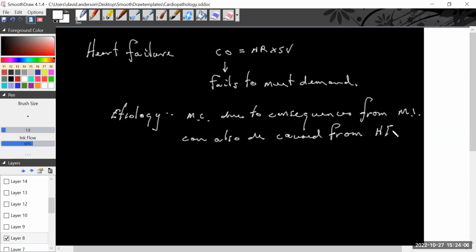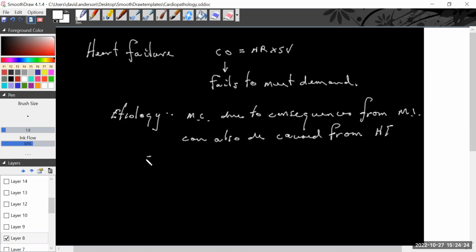Or we could have some congenital issues with the heart wall that make it weaker to contract and so on. But the most common ones are going to be related to history of myocardial infarction or the presence of long-term hypertension.